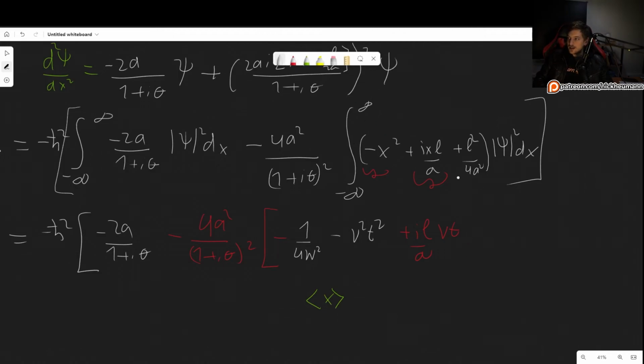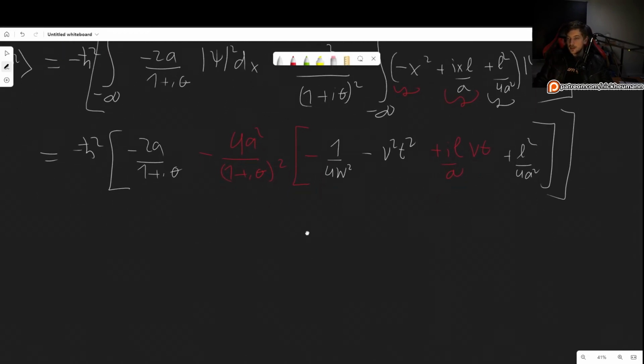And finally, this third part is L squared divided by 4a squared times the integral from minus infinity to infinity of psi squared dx, which is 1. Our wave function is normalized. So there we go.